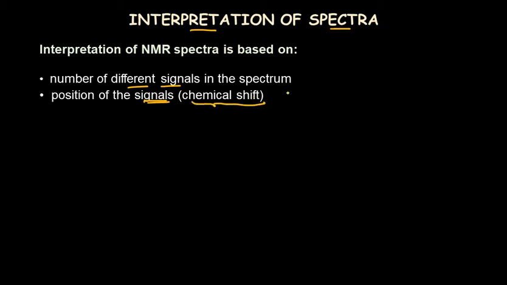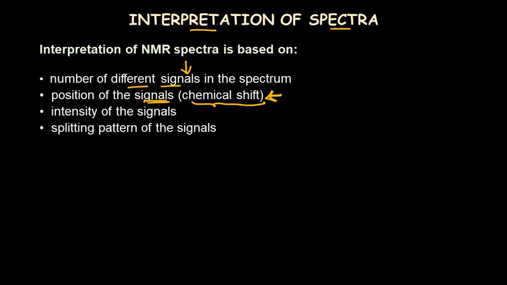So different hydrogens are going to produce a signal at different chemical shifts. Also, we study the intensity of the signals, because the intensity gives us the number of hydrogens responsible for that peak. We also study the splitting pattern of the signals.